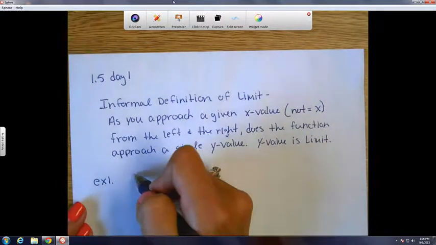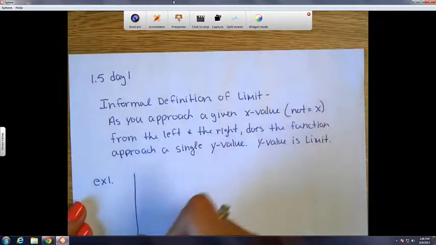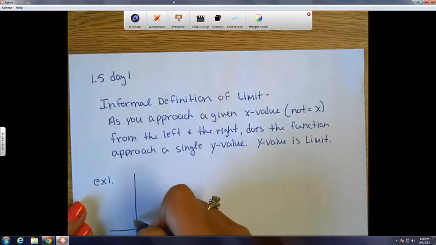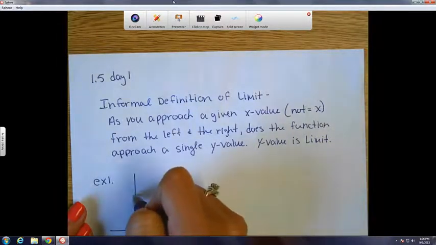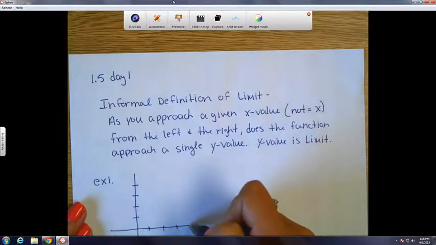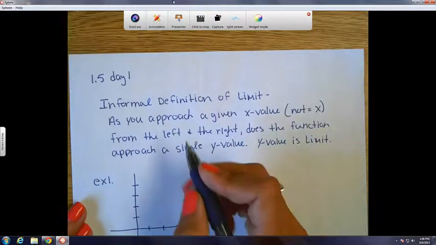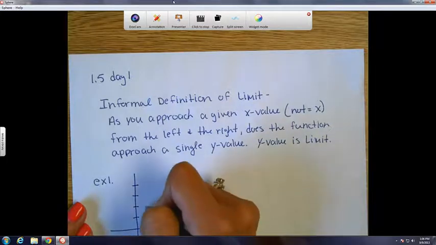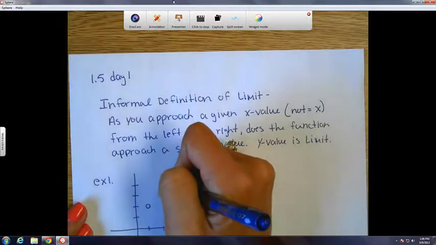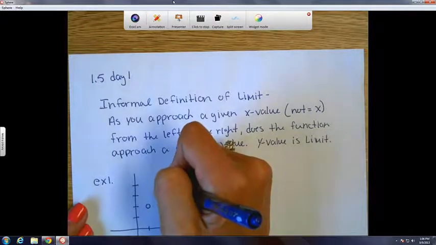Let's go just rough sketches, somewhat rough. 1, 2, 3, 4. 1, 2, 3, 4. Let's put a hole in the graph at 1, 2. And then the function continues up. Then we'll have it hit at 2, 3.